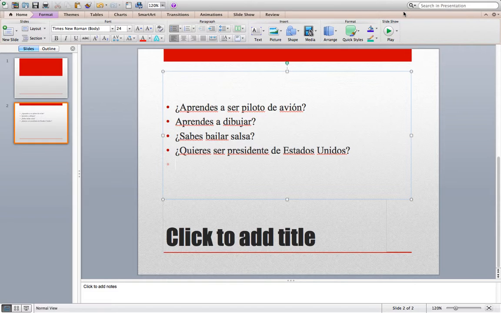So notice here we have aprendo, that's conjugated to say who's doing it. And then ser, that's your following verb, and you have a. So I'm learning to be a pilot of plane. Pilot of plane. Yes, that's the way we speak in Spanish.